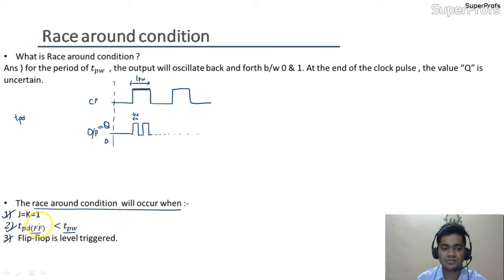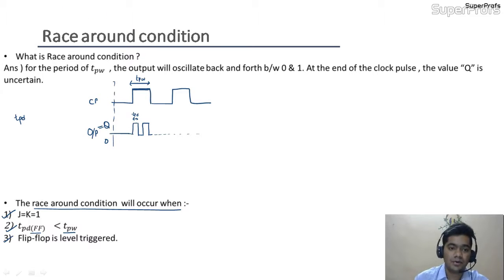That is J equals 1, K equals 1, propagation delay of flip-flop is less than the time pulse width, and the flip-flop is level triggered. Okay, so these are the conditions. These are some of the direct questions that may arise in a GATE exam.